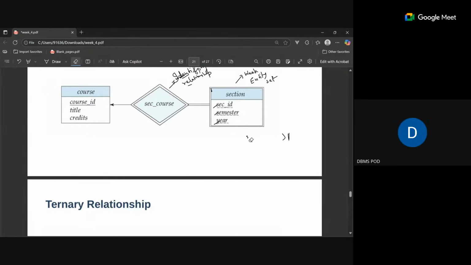That's up to the person who is designing. If you are designing very well, you might have to sacrifice performance so that it doesn't have many redundancies. All this we will talk about in weeks 5 and 6. So designing has its own pros and cons. Some things you have to sacrifice to design very good database schemas.